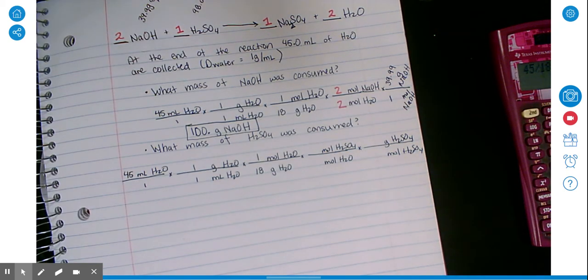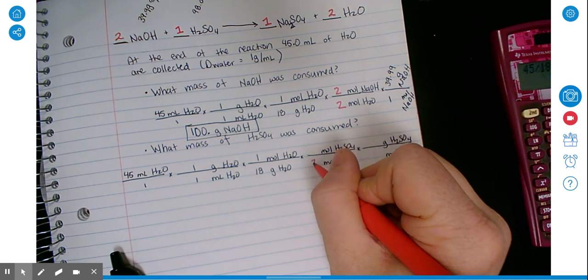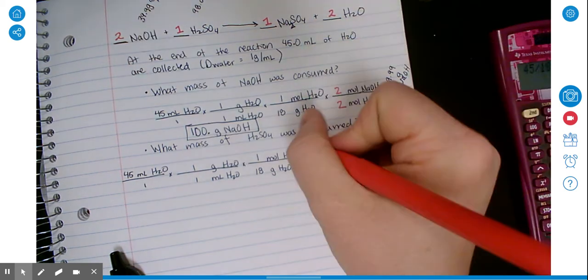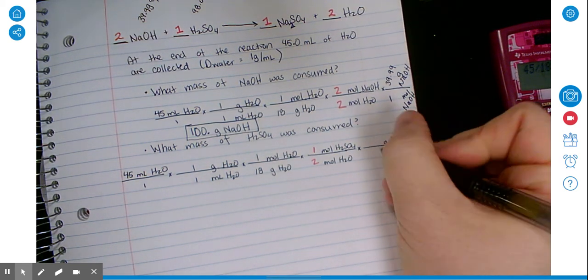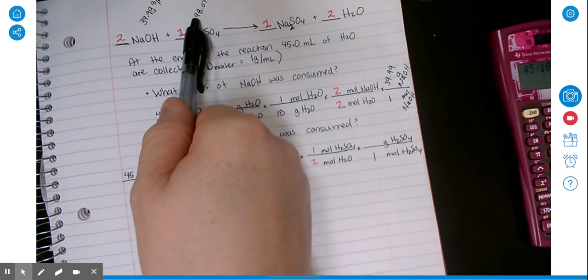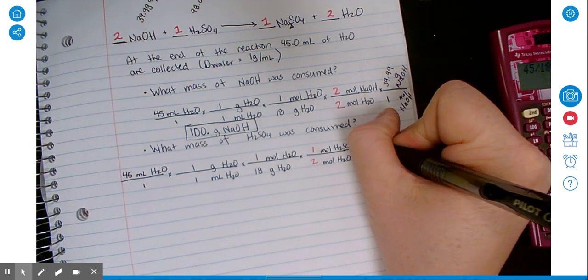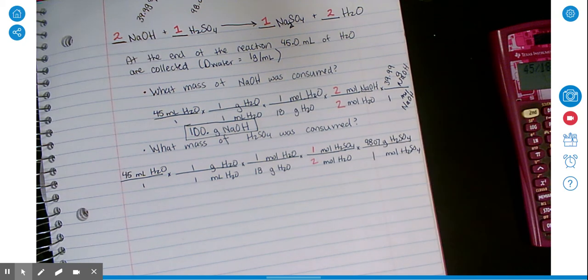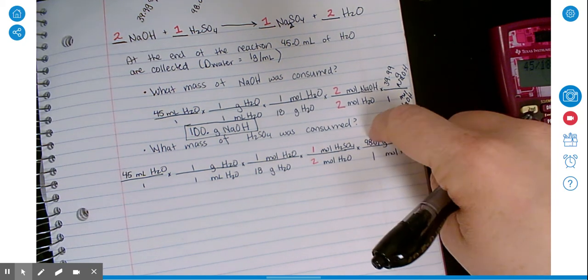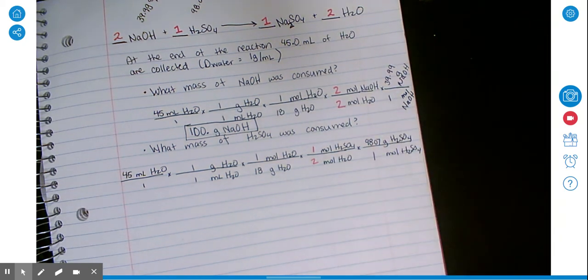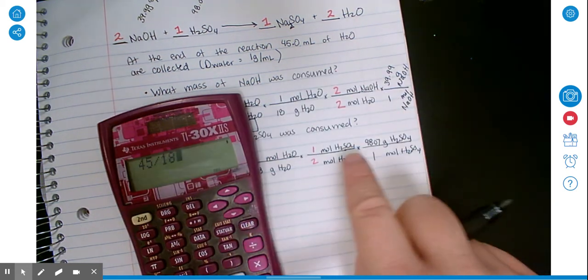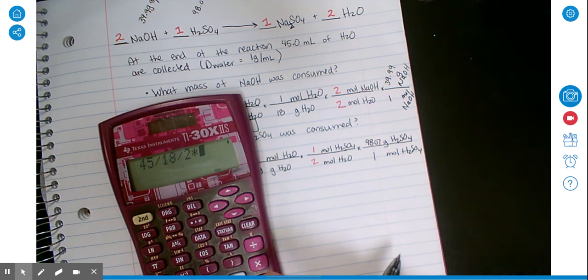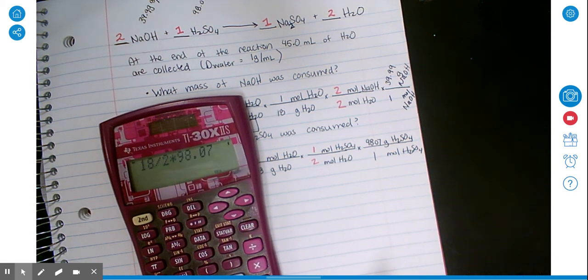Now, mole to mole, that's a mole ratio. 2 moles of H2O are produced for every 1 mole of H2SO4 used. 1 mole of H2SO4 contains 98.07 grams of H2SO4. And again, that's just the molar mass from the periodic table. 45 divide 18 divide 2 times 98.07.